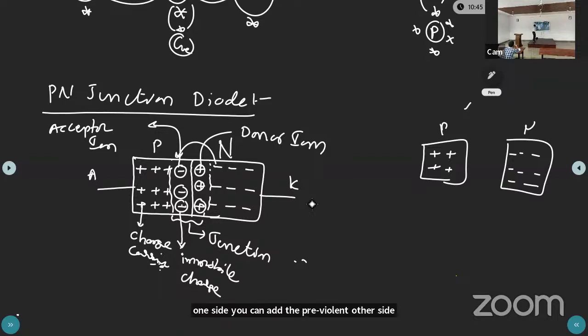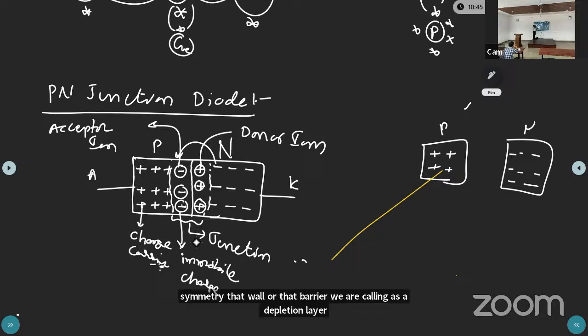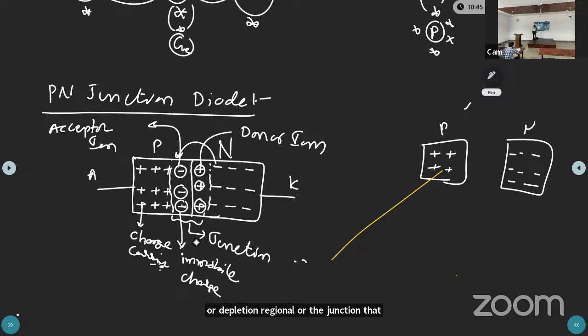After forming, some carriers are shared. Donating is called the donor ion, accepting is called the acceptor ion. The positive ion and negative ion form a barrier, a wall between the n-type and p-type. That barrier we call the depletion layer, depletion region or the junction. That junction we call a PN junction diode.